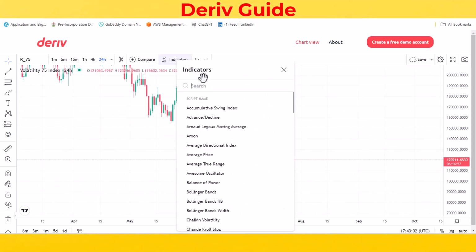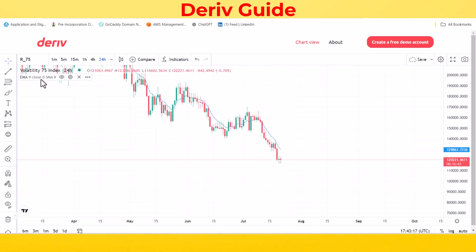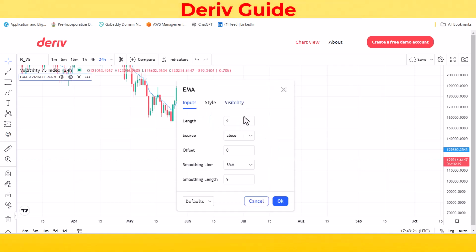So I'll go first for my moving average, and I'm using the exponential moving average. Let's click on it. It's added. So the next thing I'll do is to adjust the settings of the moving average.